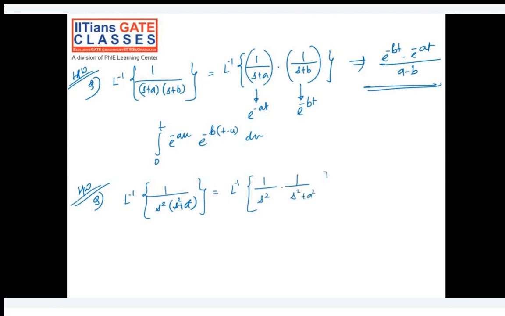So this is your f bar of s. This is your g bar of s. f of t will be here t. Here it will be 1 by a sine of at, right? So if you solve it further, ultimately you will get the answer as 1 upon a cube (at minus sine of at). Okay, this is your final answer.